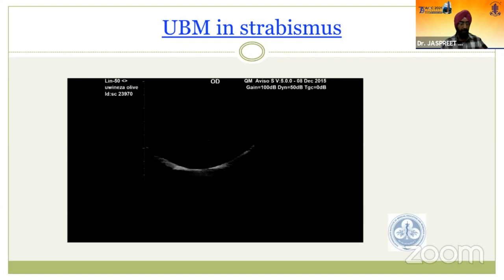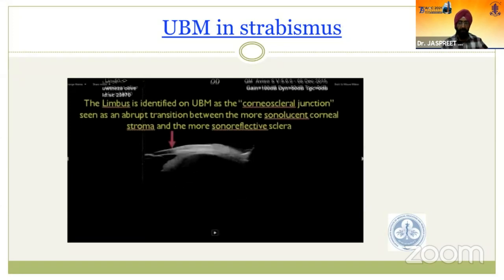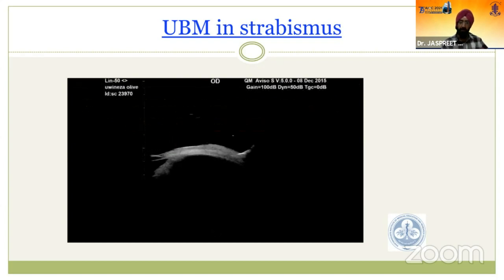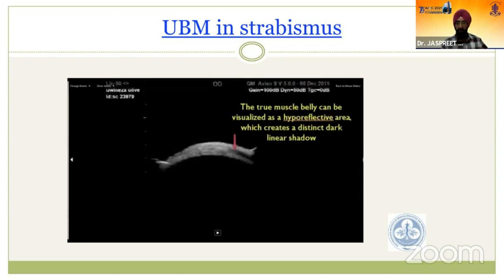So just to give you a little real-time scenario, this is the UBM. This is the area where we go, the area between the stroma and the sclera. So it's hyporeflective, and a reflective sclera. Once you go posteriorly, you start seeing a shadow, a hyporeflective area. This is a linear shadow.